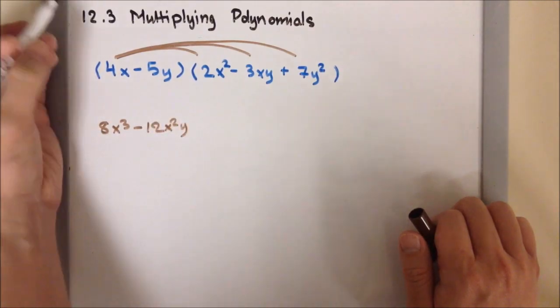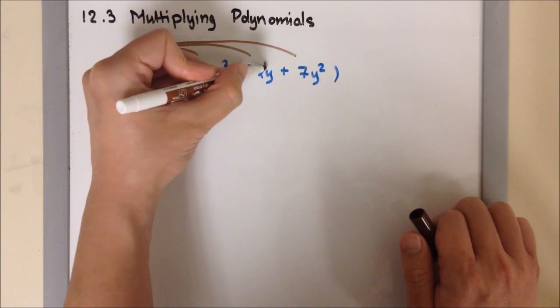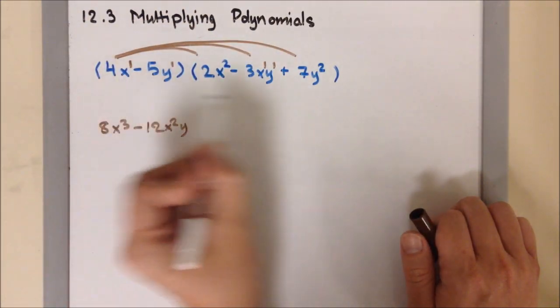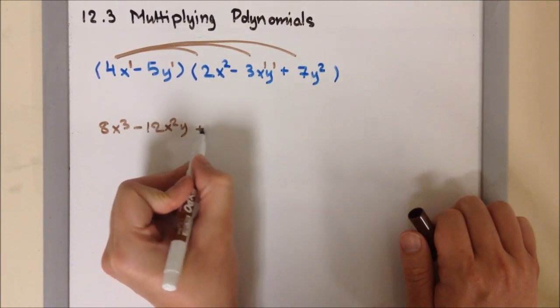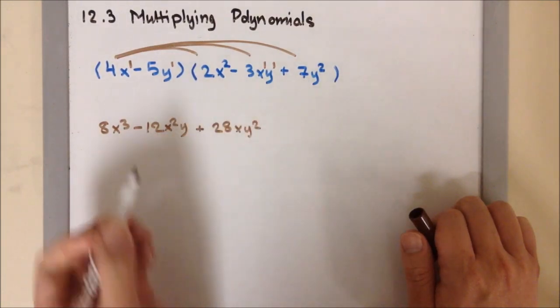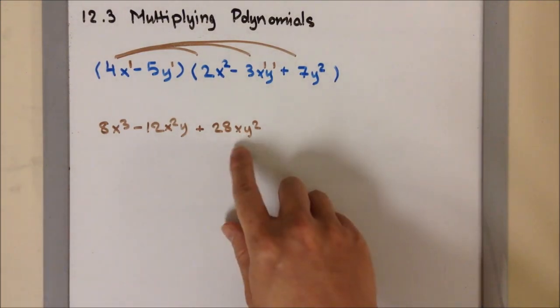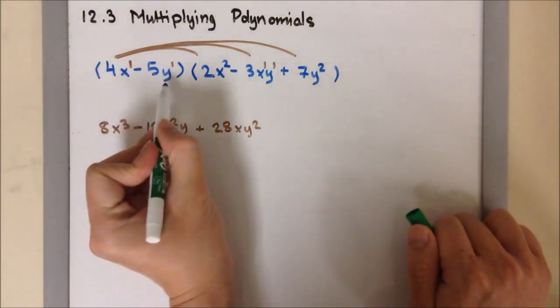And again, we have corresponding x's, and we're multiplying the x's with their invisible 1 exponents. And then 4x times 7y squared will be plus 28xy squared. No corresponding variables to multiply together, so we're just going to put the x and the y next to each other.